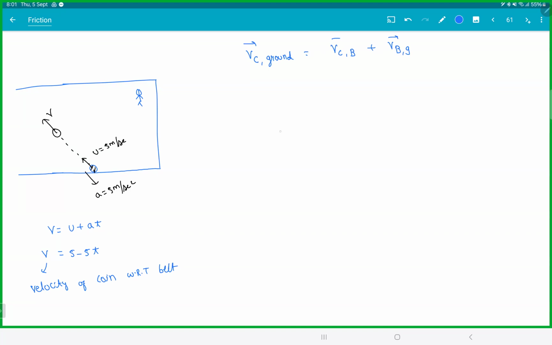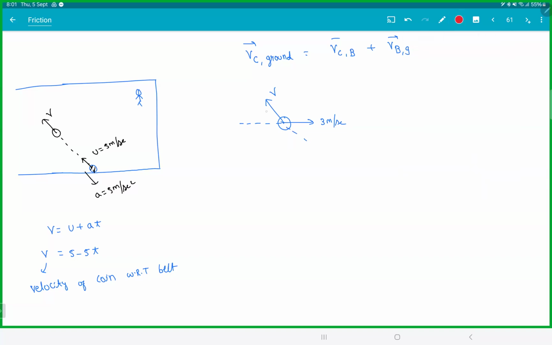Now listen carefully: if you add it in a proper way, you get the answer easily. If you don't add it properly, it will be a little messy. So here we got the speed v, and the speed of the belt is 3 meters per second. Agreed? We have to add these two vectors, this vector and the belt's speed. So the resultant of these two will be the net velocity.